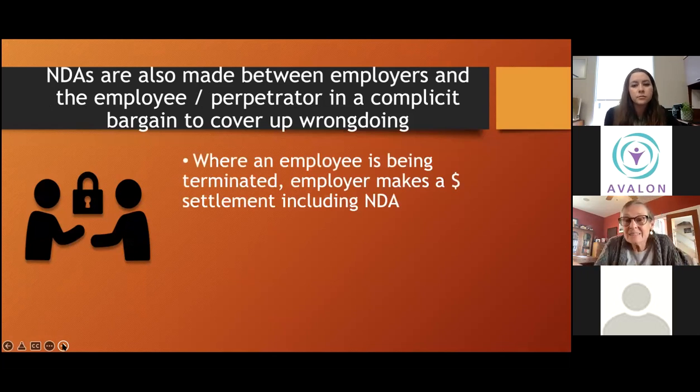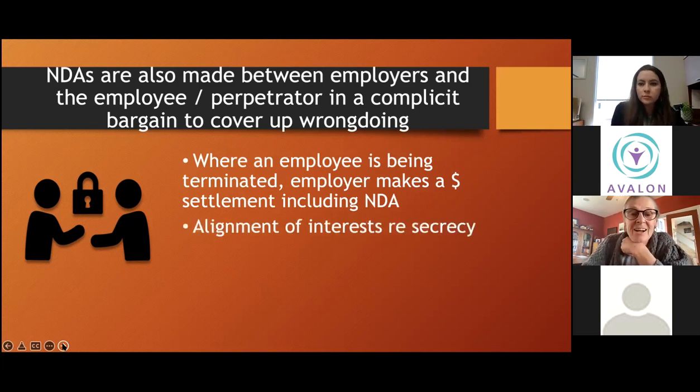And they make a monetary settlement, and there has become an expectation from the employee that this would include an NDA. So if you talk to anybody who represents the person being terminated in these circumstances, they will tell you, absolutely, I expect an NDA. And that's the expectation that has to change.